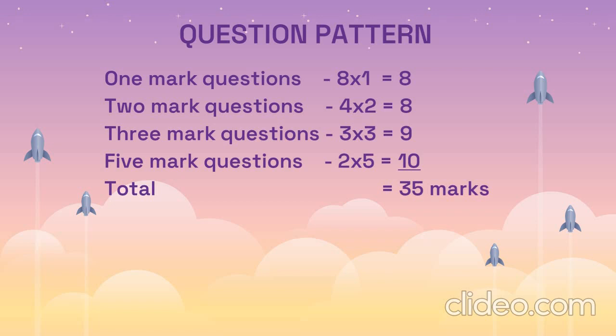Among this, you will get 8 one-mark questions and 4 two-mark questions, which carry 8 marks, and 3 three-mark questions, which go to 9 marks, and you will get 2 five-mark questions, so it gets 10 marks. So overall, it will be 35 marks. Hope you understood your new pattern of questions as well as the mark allotment.